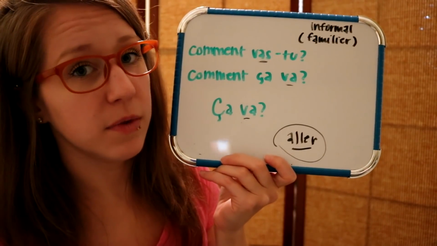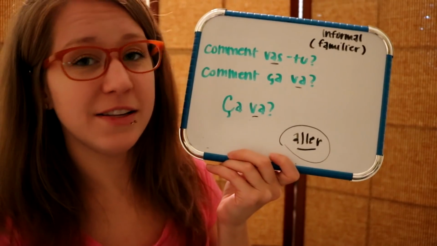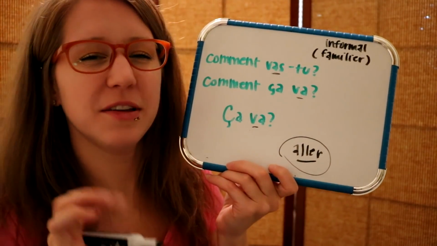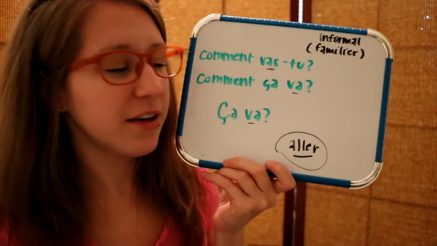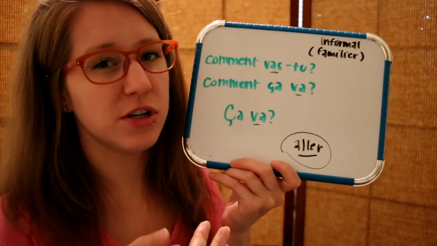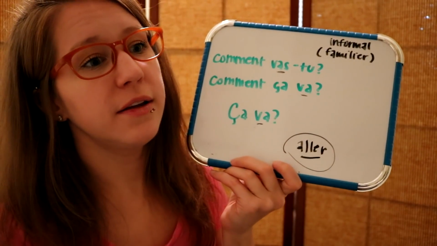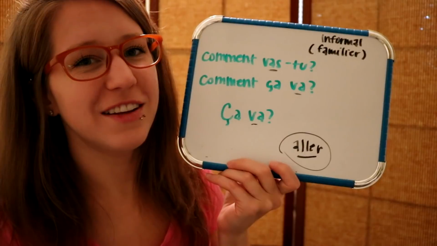It looks different. However, in the vous form, it does look similar. So that's why this can be a little confusing at first. But once you learn those verb conjugations, and this is another one that's pretty darn overused.